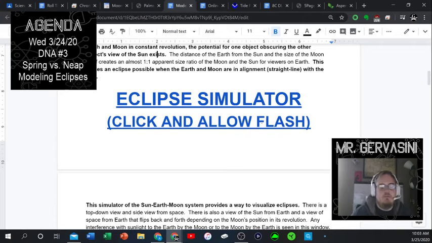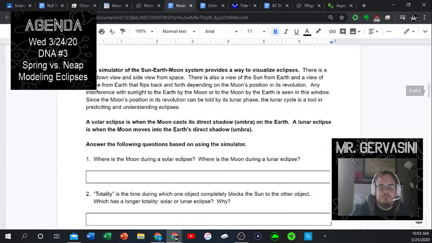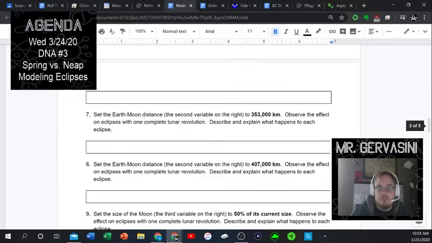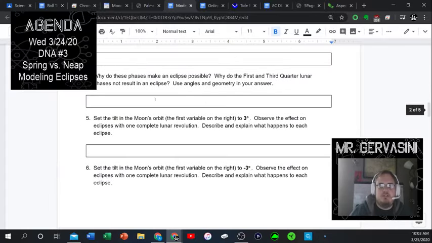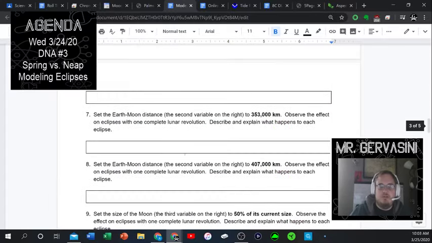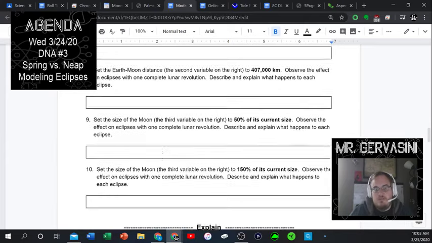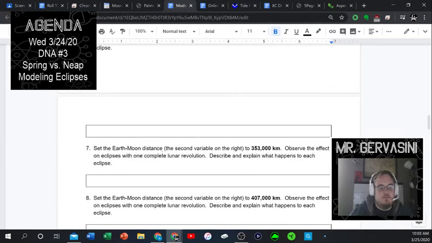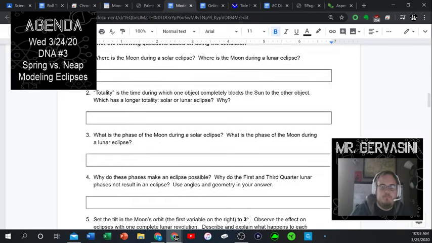HTML5 is what a lot of your apps run on in Chrome, but this is an older simulator, but it's a good simulator and allow Flash for this. Don't normally allow Flash because it's a little unsecure. And then there are several questions in the Explorer, but each question kind of guides you in using the simulator to look at solar eclipses and lunar eclipses and knowing the difference between them.